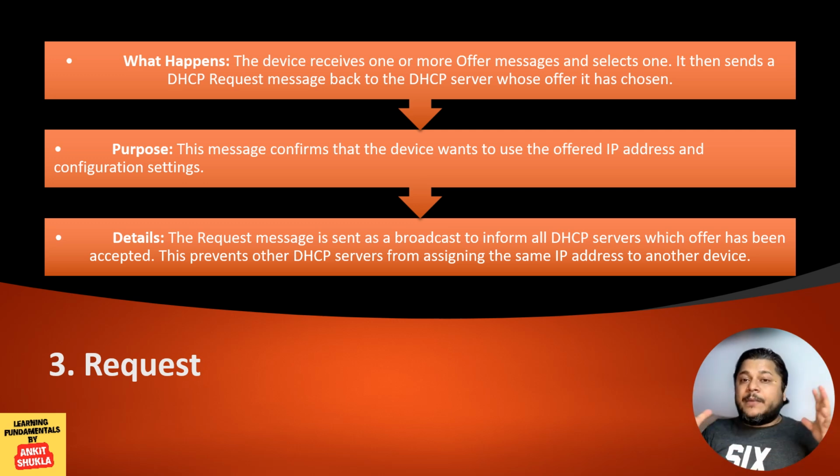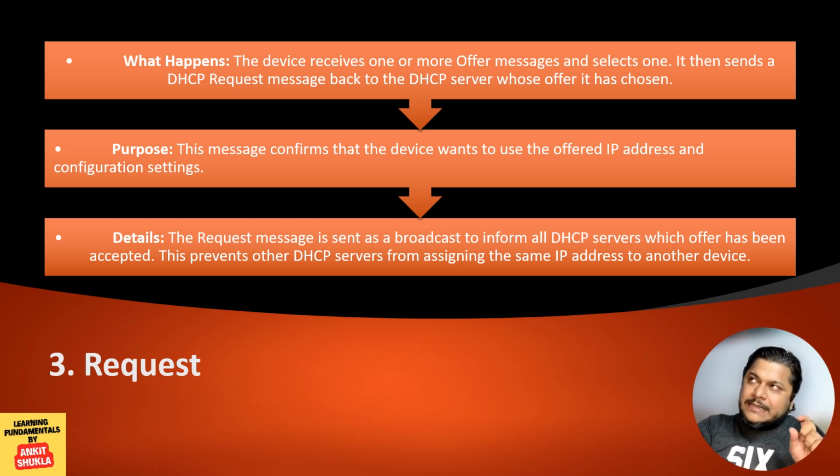Here's what's happening behind the scenes. You have been presented with an option, that is the offer message in the offer stage, and now you're formally requesting to use that pass. This step is like telling the staff member, I want the specific pass that you have offered me. In technical terms, the device sends a request message to the DHCP server in the third stage and indicates that it wants to use that specific IP address that was offered in the offer stage.